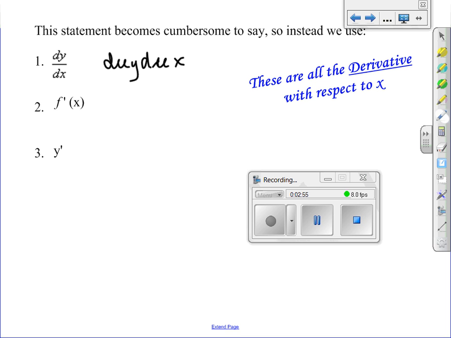And that refers to the slope of the tangent line at a point. This one is f prime x, and that also means the derivative, and you can also have y prime, which means the same thing. And so it's just a short form to say the derivative. And the derivative is the slope of the tangent line at any point for a function.